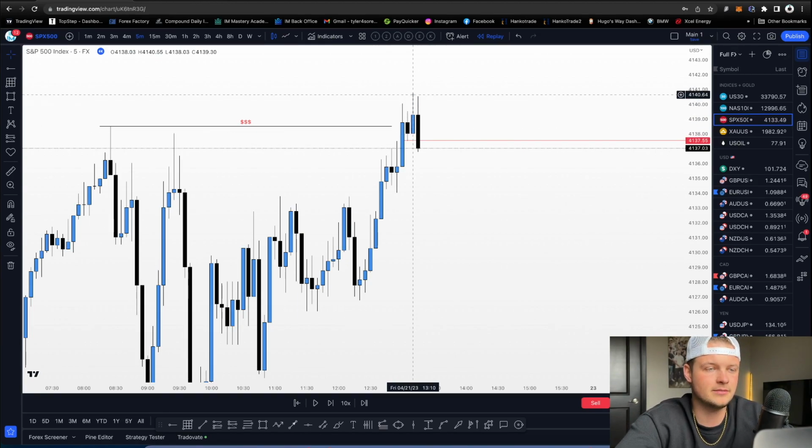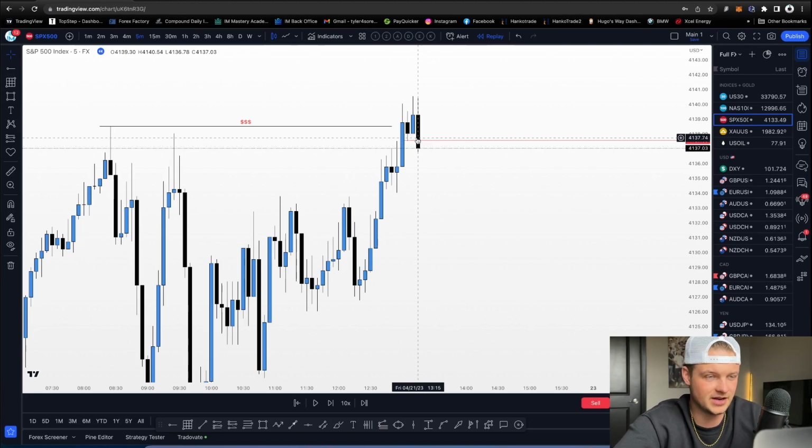So it had to buy the market up in order to get the entry that they wanted for their short positions. So as price comes down and we break structure, and on the smaller time frames we also left behind a fair value gap, which we covered in the fair value gap video.